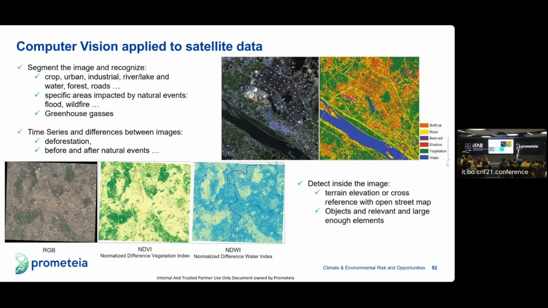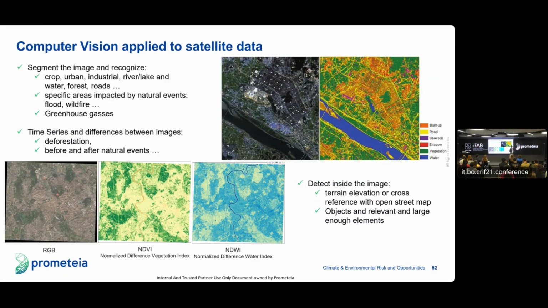But going back to how we can improve the activities, generally speaking, or the risk assessment that we are doing for climate and environmental risk and the ESG competence line, what we are doing, for example, is analyzing satellite data.